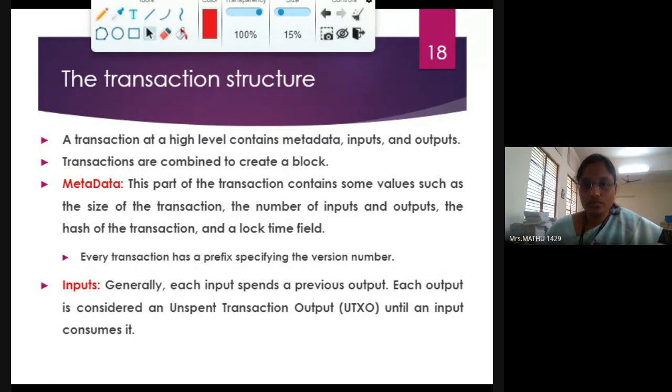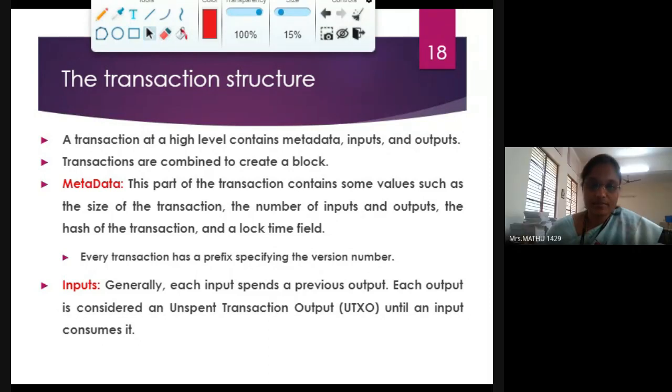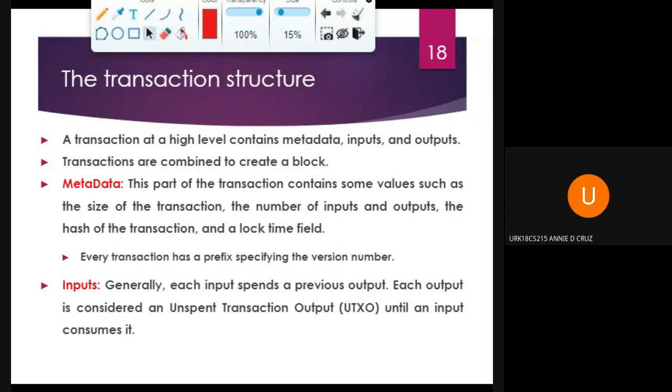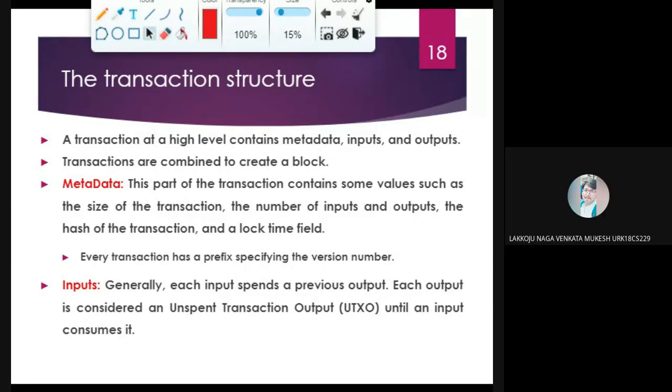Jerome Andrew, Nelson Darius, Gemini Annie, present, ma'am. Sheshandri Kumari, present. Annie Cruz, present. Jogi Madhumita, yes, ma'am. Venkata Mukesh, present.